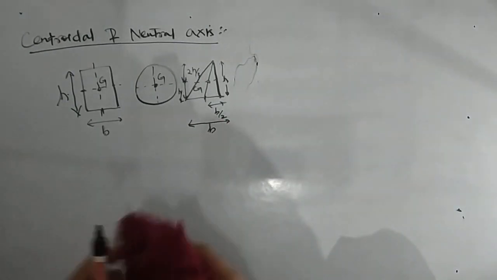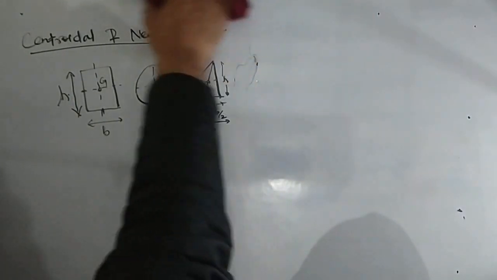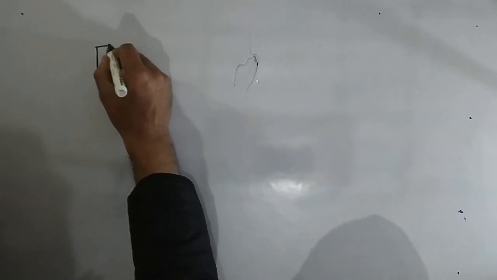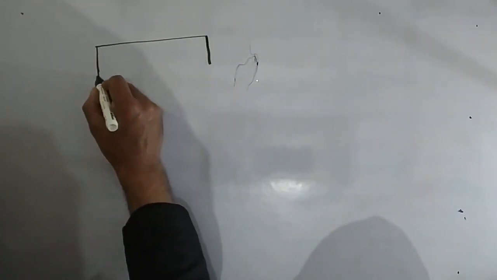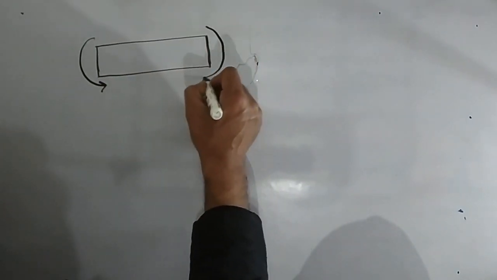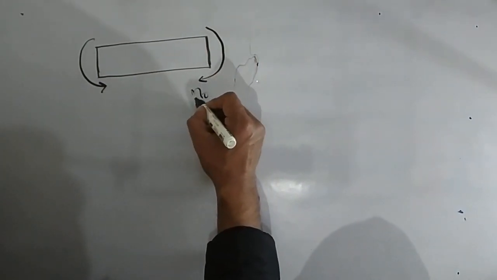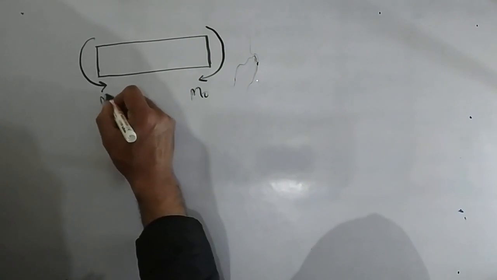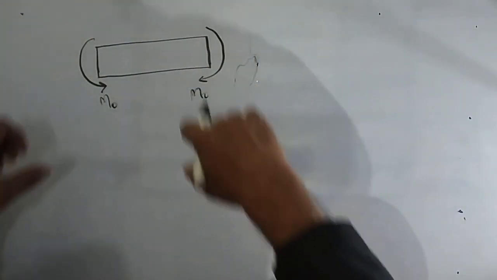Now let me shift my focus to neutral axis. Let me have a beam. If this is my beam and it is subjected to a hogging moment, let this be M0. So there will be a constant bending moment over the section.